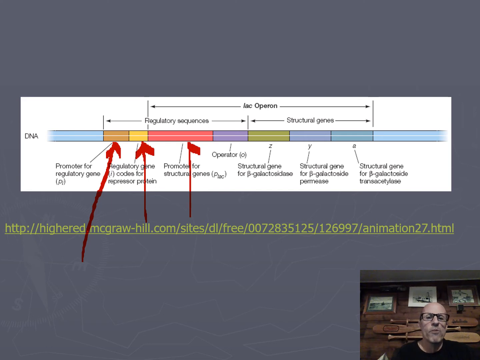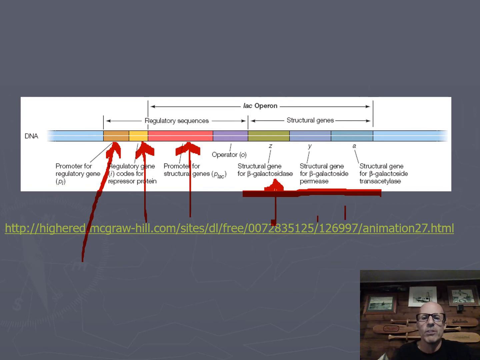Here is a promoter for the structural gene, and in the case of bacteria, there are 3 structural genes that have to be turned on or off when we deal with the metabolism of lactose. And I'm not too worried about what they're called. One of these structural genes codes for beta-galactosidase.